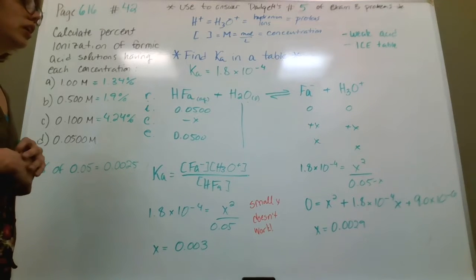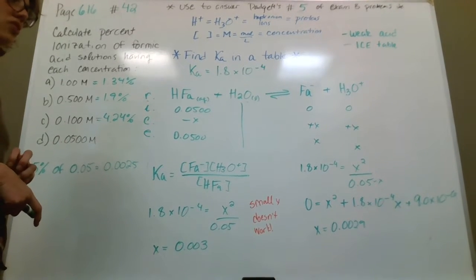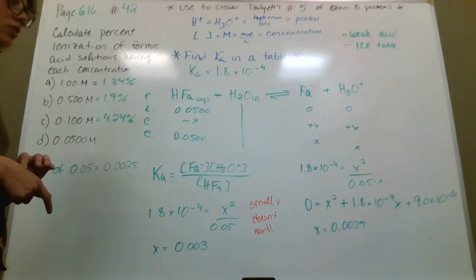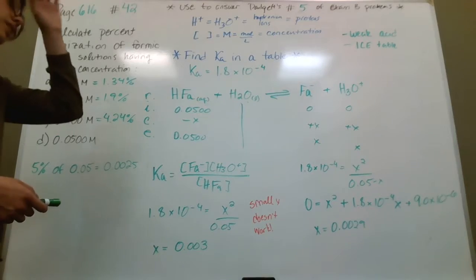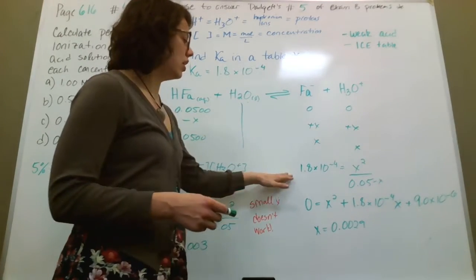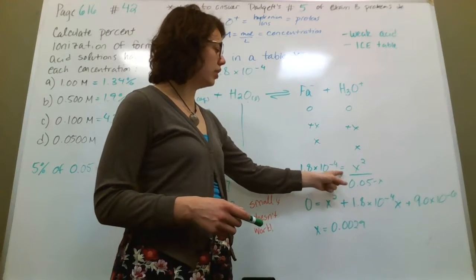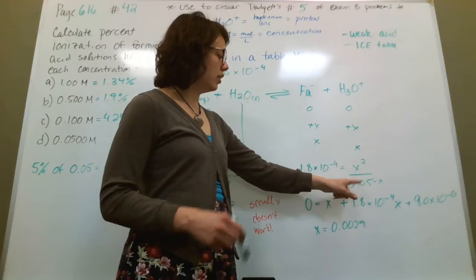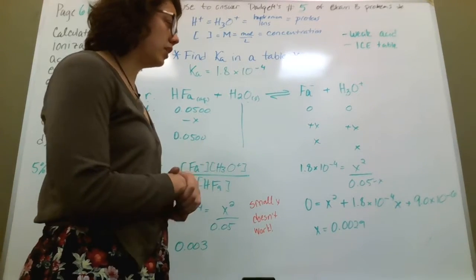I don't expect most professors to expect you to do the quadratic formula during the test, but in case they do, please memorize it. So you'll take 1.8 times 10 to the negative 4 equals x squared over 0.05 minus x. You'll rearrange that formula.